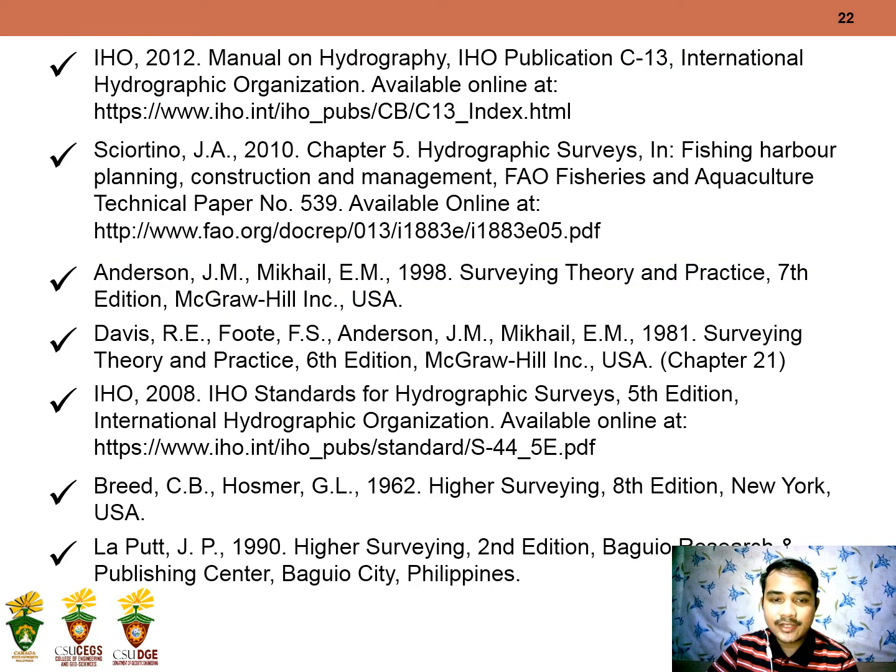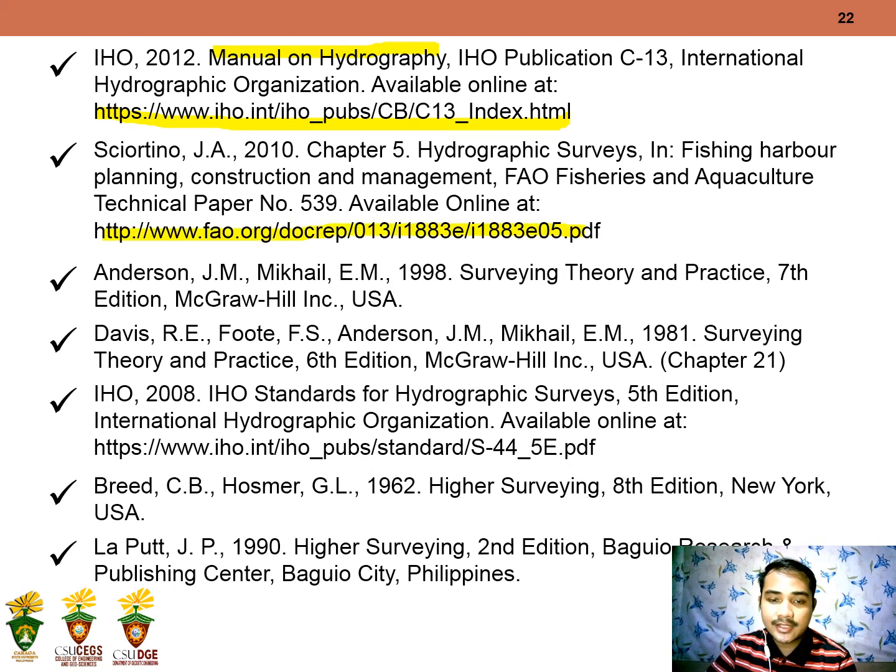So, we have here the Manual on Hydrography of the International Hydrographic Office, and it can be accessed through this website. And we have also chapter 5, which is all about hydrographic surveys in fishing harbor planning, construction, and management from FAO Fisheries and Aquaculture Technical Paper number 539, which is also available in this website.